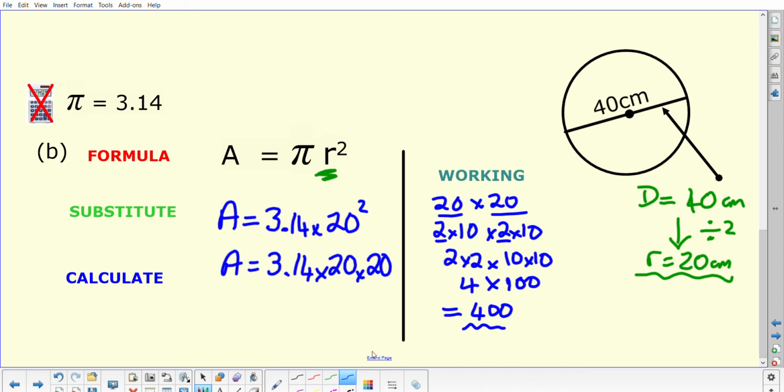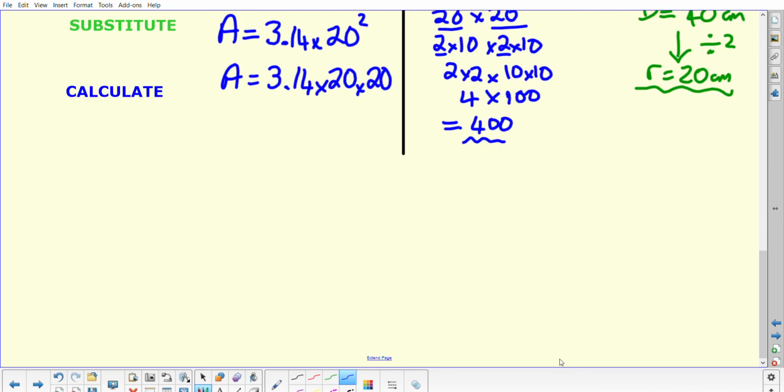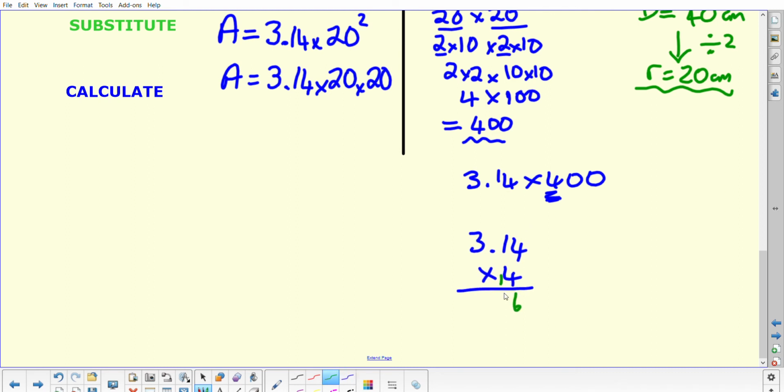But remember, this is a non-calculator question, so we need to see that. Now what we need to see is what is 3.14 times 400. How am I going to do that? Again, I would be splitting this up. I'm going to do 3.14 times 4. So 4 4s are 16, 4 1s are 4 and 1 is 5, 4 3s are 12.